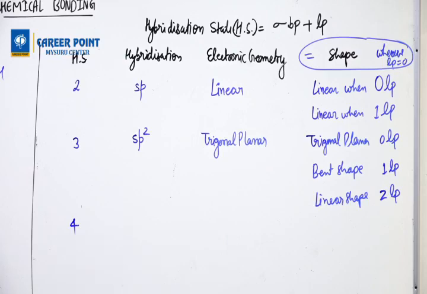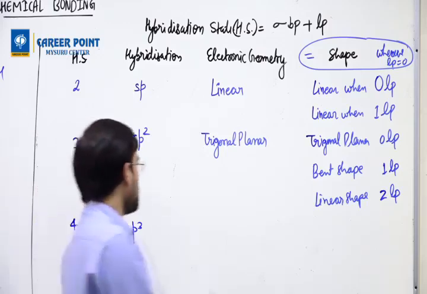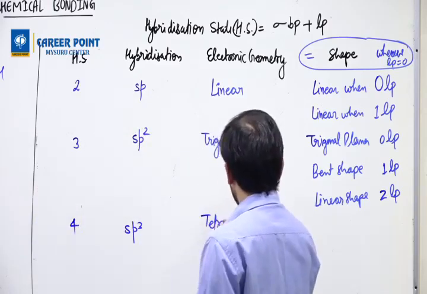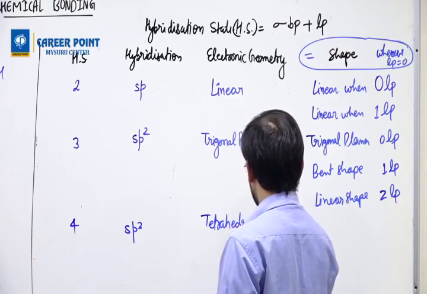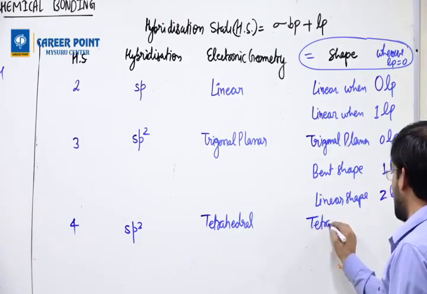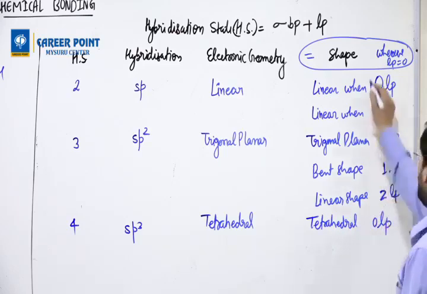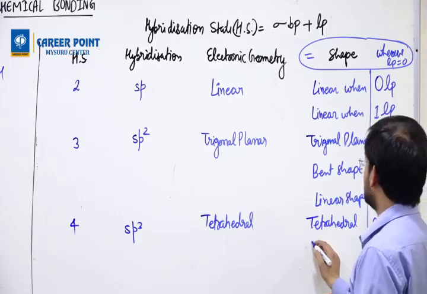Right, so I should write sp3. Once you have sp3, then we have tetrahedral. So here also I write first one as tetrahedral, 0 lone pair. Then tetrahedral.